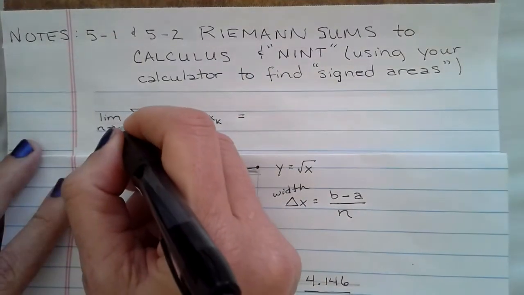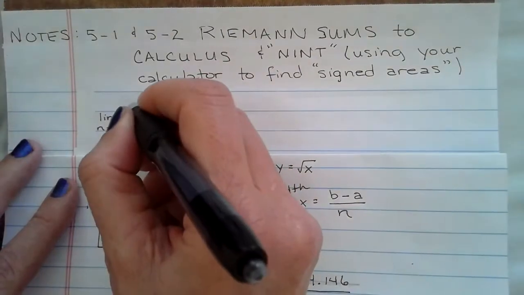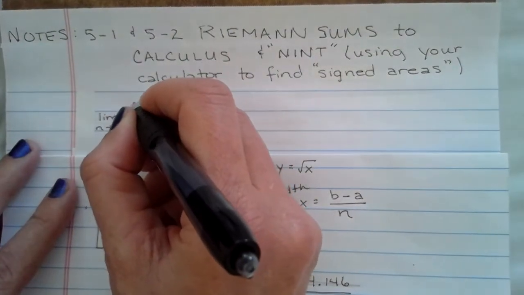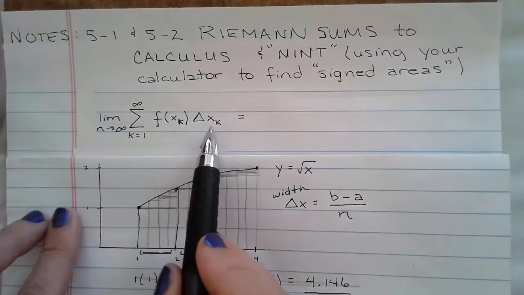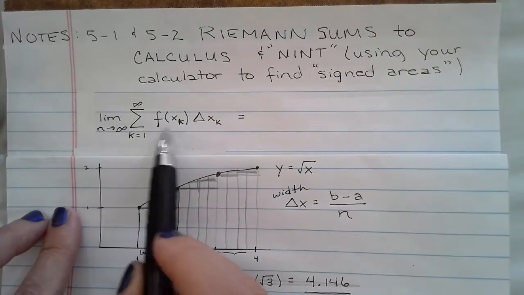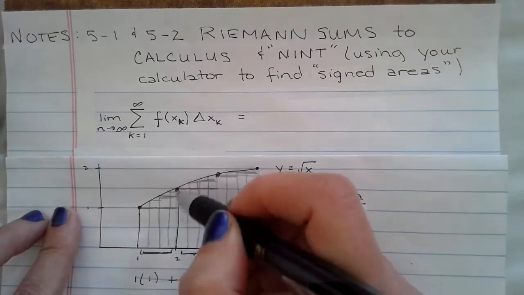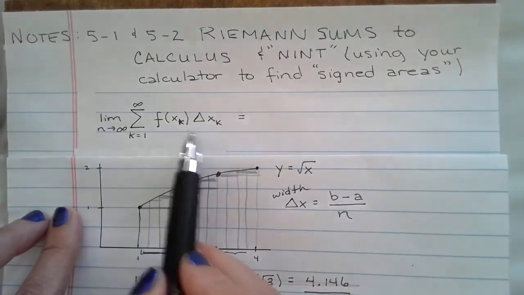Let's use an infinite number of rectangles, and then we'll use values where we go from 1 to infinity in this old summation notation. I hope you recognize here that delta x is a width, and an f value at any width would give you a height, so this is just base times height.